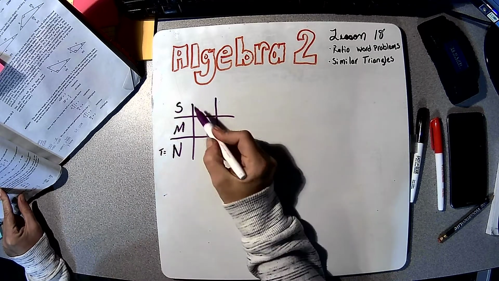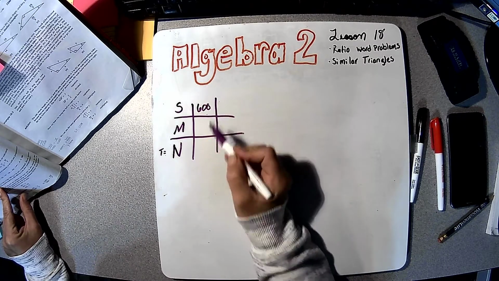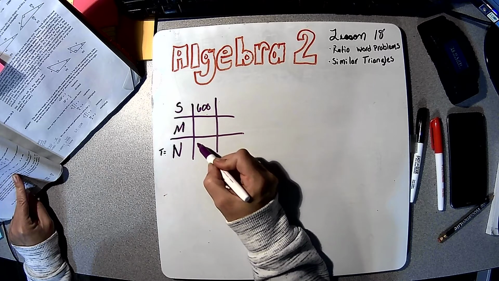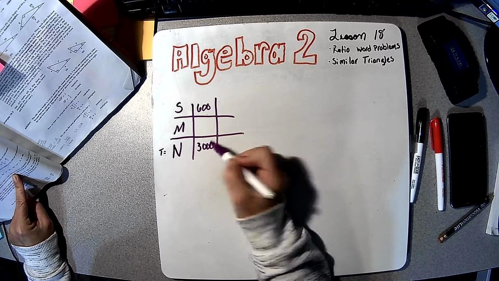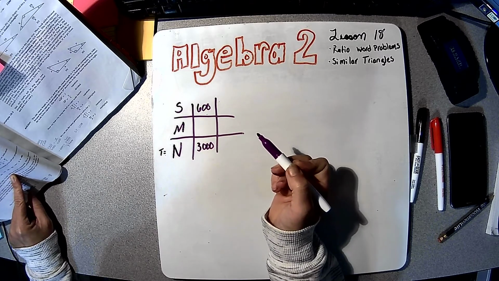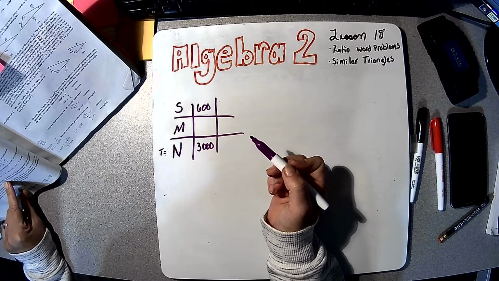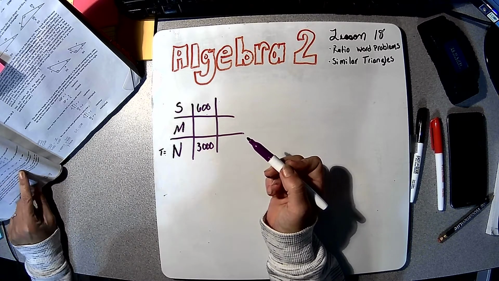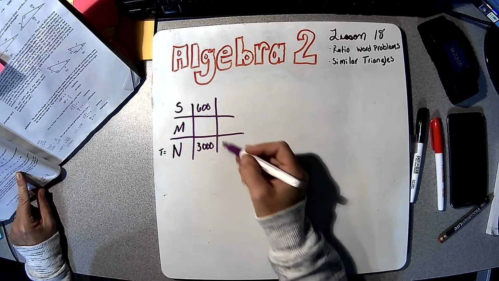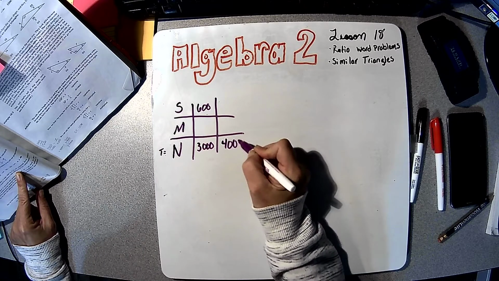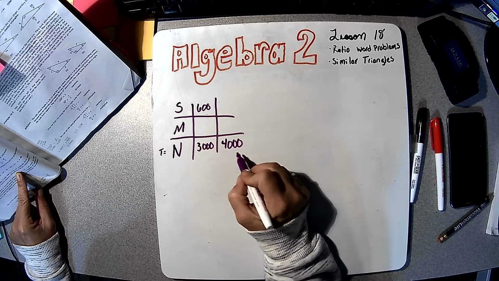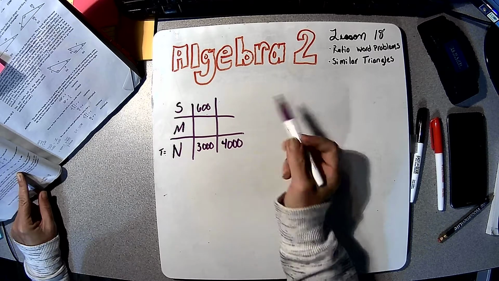And we had 600 kilograms of sulfur to make 3,000 kilograms of the new compound. How many kilograms of other materials are required to make 4,000 kilograms of the new compound? It's given us 4,000 kilograms for our new compound. Okay?